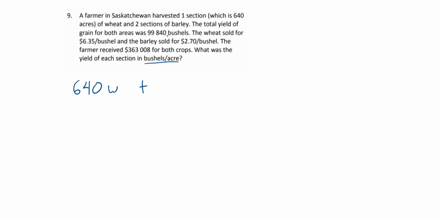In the second field, it was barley, and it was two sections, which would be double 640, so that's going to be 1280 times B, where the B stands for the bushels per acre for the barley. All right, so now we know that all adds up to 99,840 bushels.